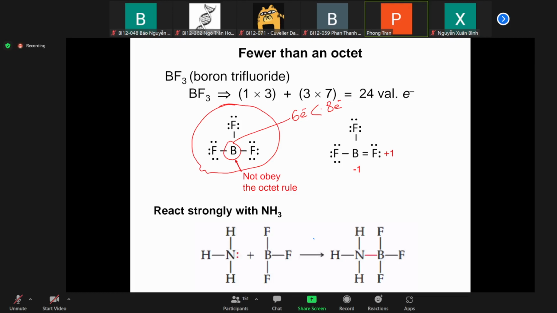So you see that the base NH3 reacts with the acid BF3 to make a compound which is a Lewis acid-base adduct. In this case, the boron is now satisfying 8 electrons thanks to this acid-base reaction.